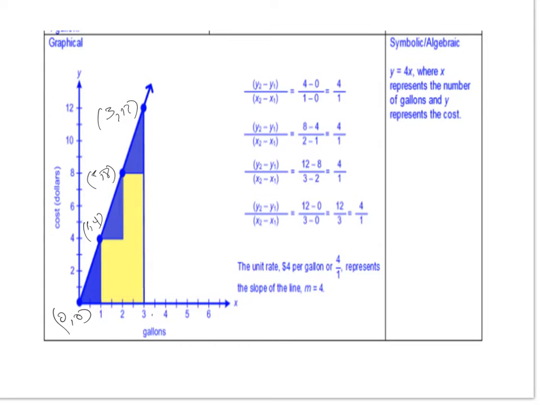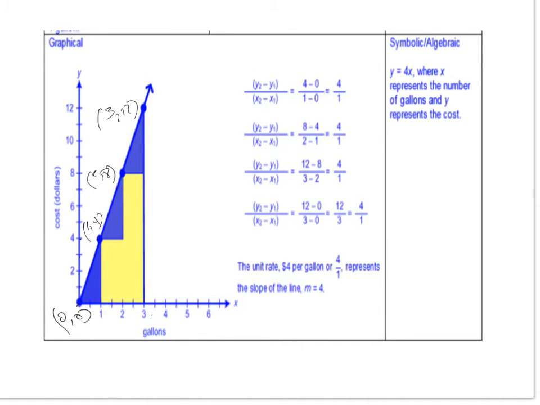If you notice the little triangles here, the little triangles show how we went on a graph. We do rise over run to find slope. So again, we're looking at the unit and the slope part. Well, we start at 0 and we go up 1, 2, 3, 4, and over 1.